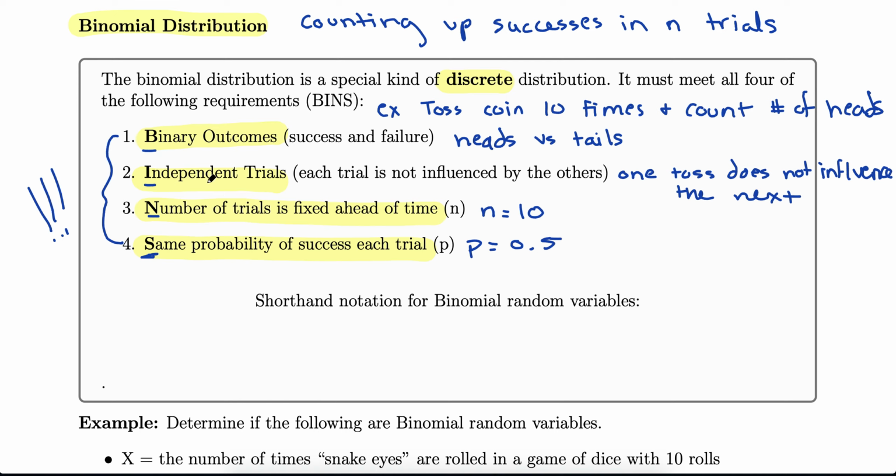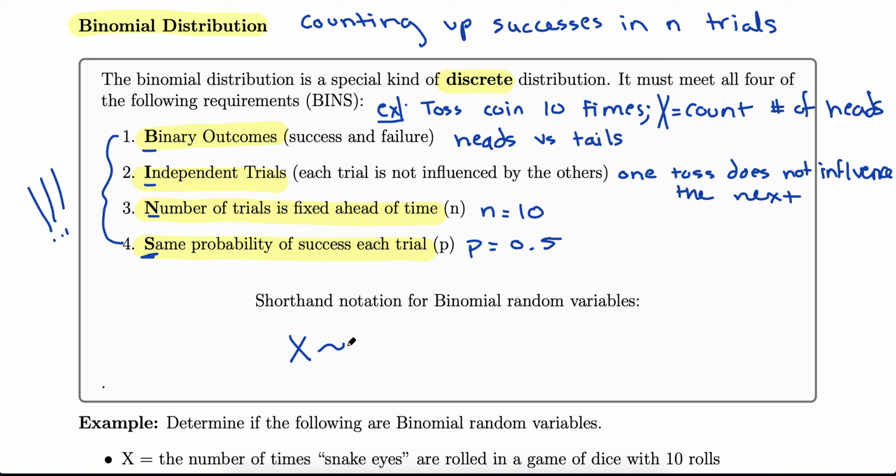So if you can meet all 4 of these criteria, then we are allowed to say x, our random variable. So for example, up here, I might define x to be the number of heads. X is this variable that's going to count up the number of heads. So it met those 4 criteria, and I can use this shorthand notation, this counting variable.